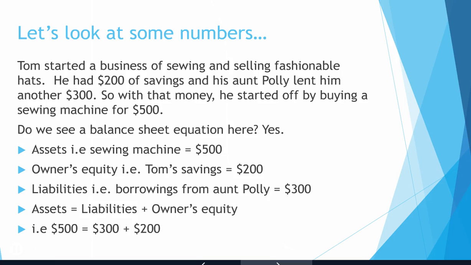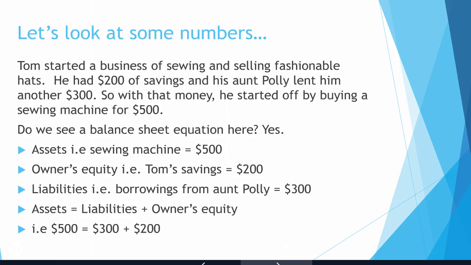Do we see an accounting equation here? Yes. Assets, i.e. the sewing machine, equals $500. Owner's equity, i.e. Tom's savings, equals $200.